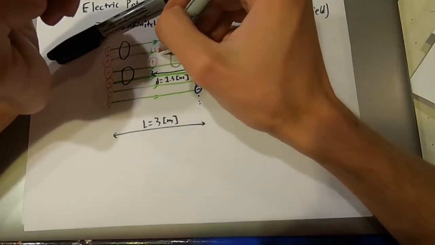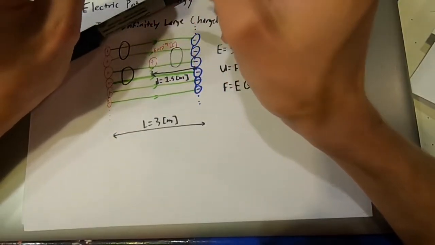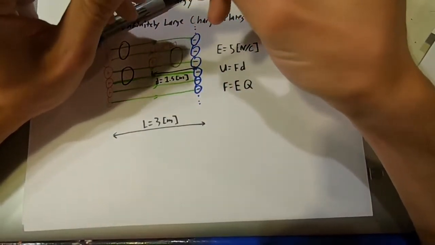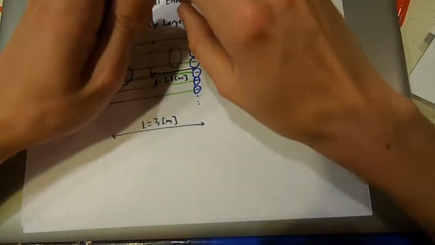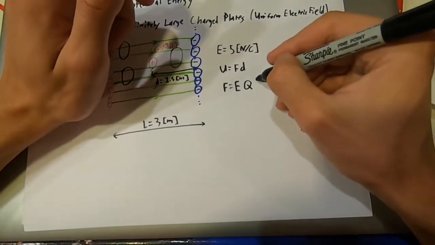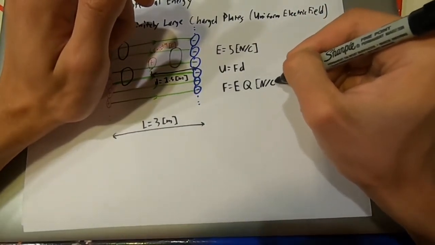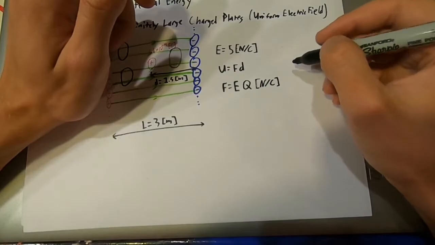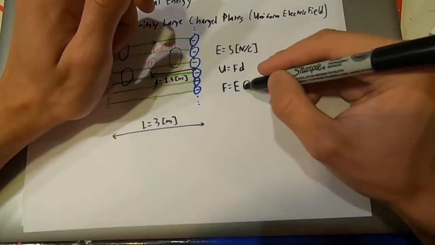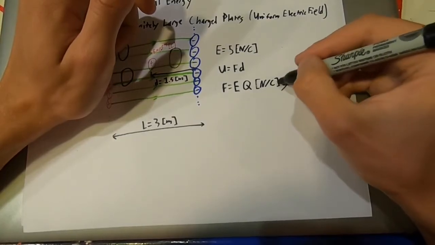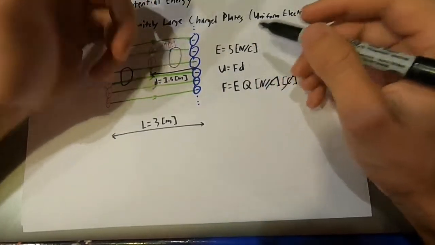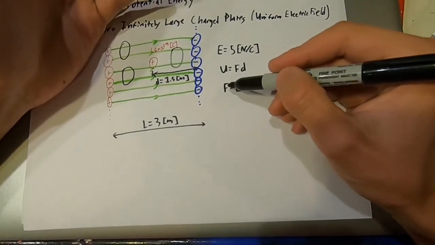Although we're going to find out that this number doesn't really actually matter. Since here, we have our field, which is measured in newtons per coulomb, and our Q here is going to be coulombs. So these coulombs cancel, which leaves us with newtons, which is what we expect because we're trying to measure the force.